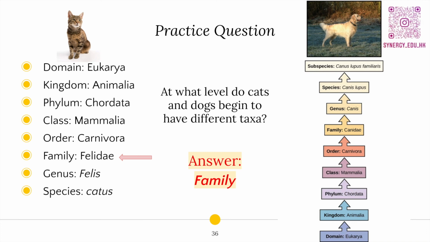As you can see that from domain through order, dogs and cats have the same taxa, which are Eukarya, Animalia, Chordata, Mammalia, Carnivora, and then at family it changes for cats to be Felidae and dogs to be Canidae. And then from then on, the genus and the species and even the subspecies change.